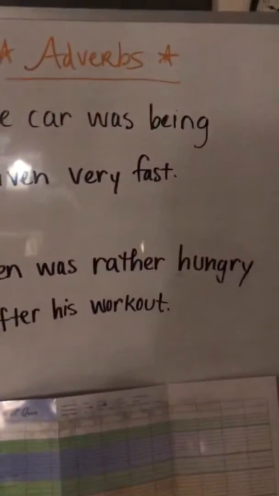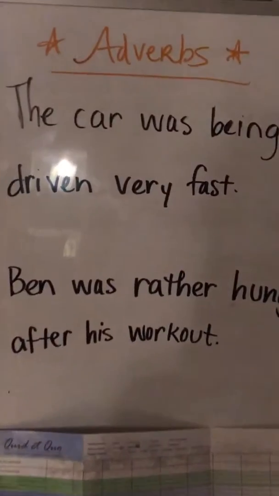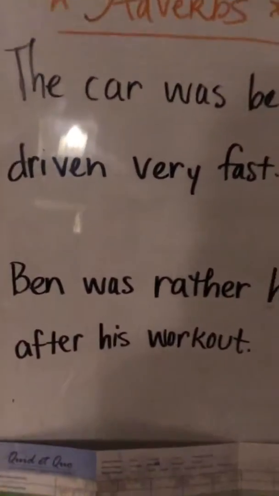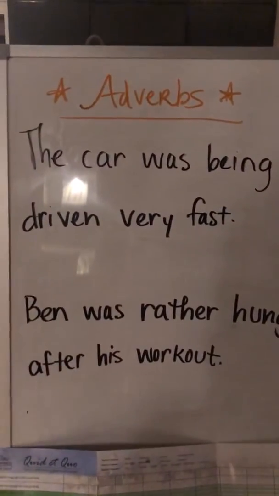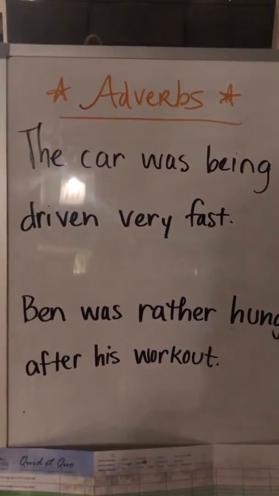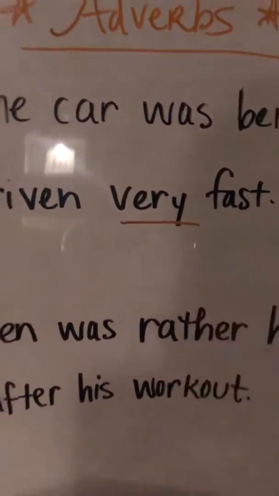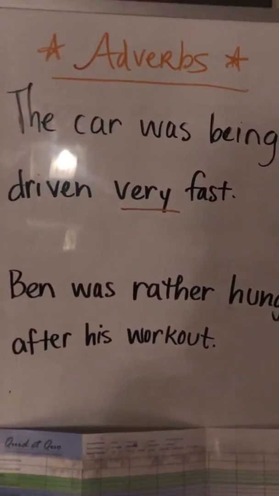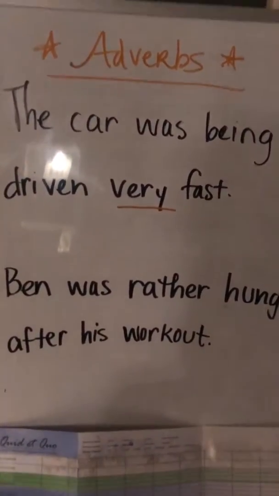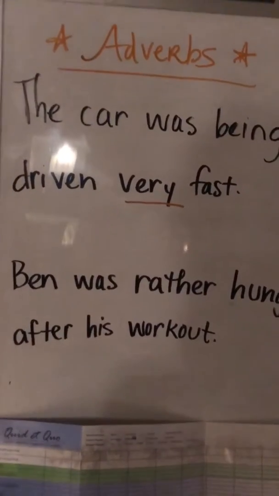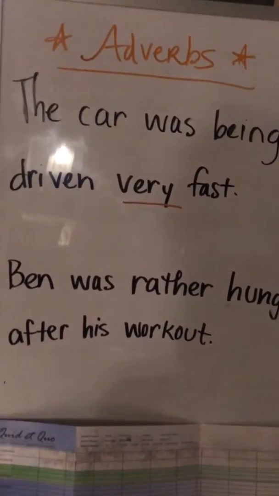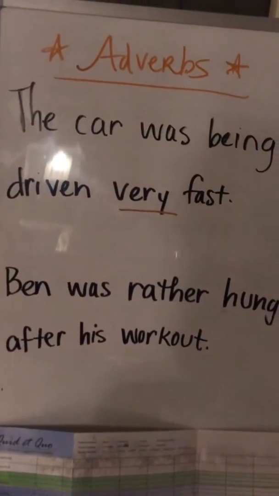Okay, so adverbs, let's look at this first sentence. The car was being driven very fast. So very is our adverb, right? Because it's modifying fast. And adverbs modify verbs, adjectives, or another adverb.